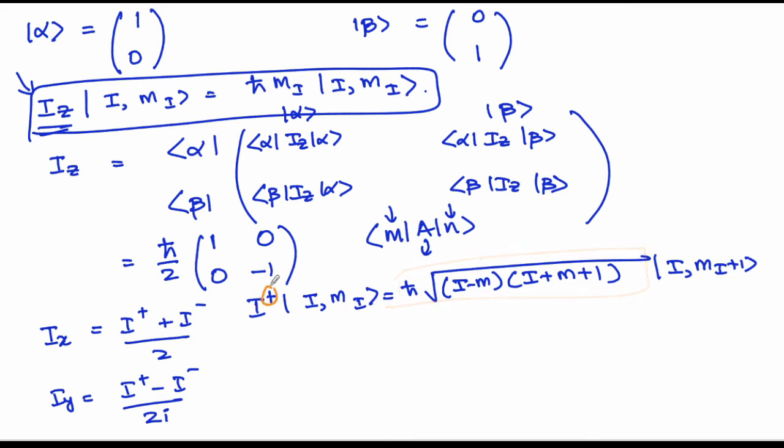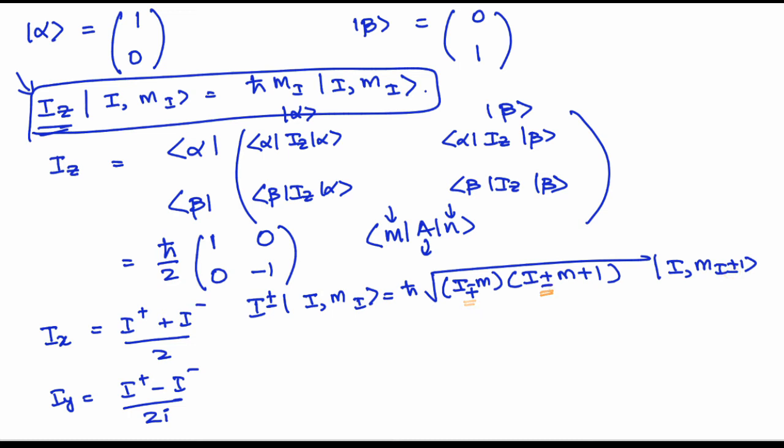Remember that the ladder up operator cannot ladder up beyond the highest state. Similar would be the case with the ladder down operator, where the only changes would be in these places, where the ladder down operator will result in reduction of the mI quantum number by 1.